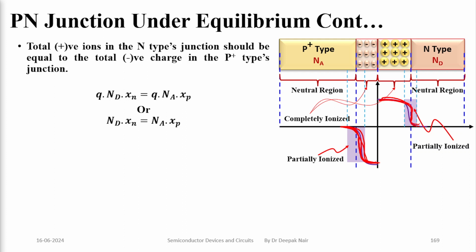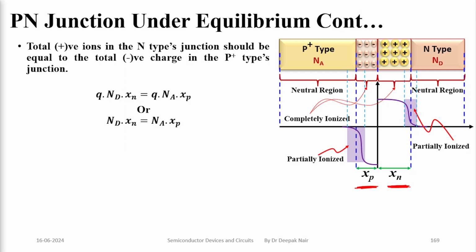But again we have to keep an eye on the length of these functions. So this region is xp and this region is xn. The length up to which the holes have penetrated is given by xn, and the length up to which the electrons have penetrated is given by xp.